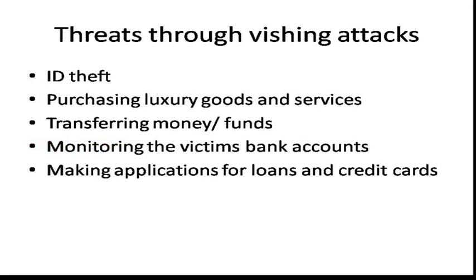So what are the different types of threats through a vishing attack? They can get your identity. Someone calls you through a mobile phone, and he will be saying, sir or ma'am, we are calling from so and so bank, you are a customer of the bank, and we are updating the bank details of our customers, and we have called you for an inquiry.